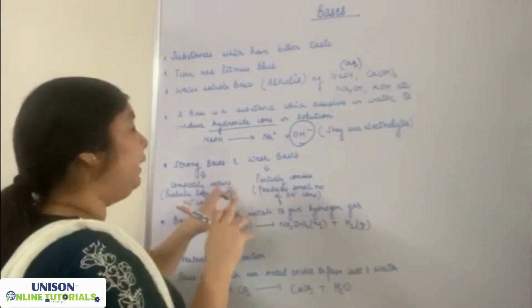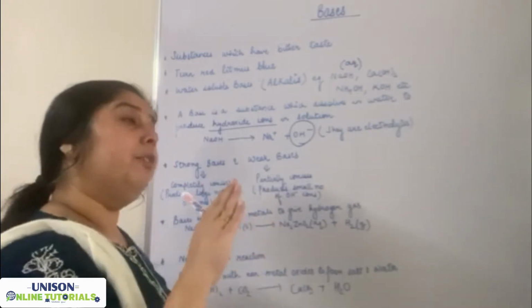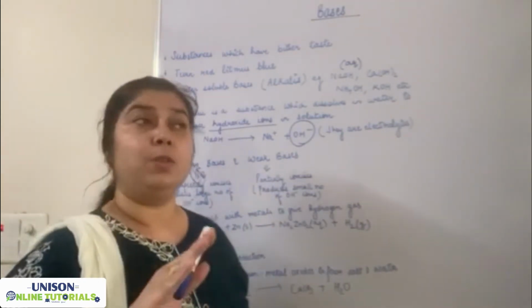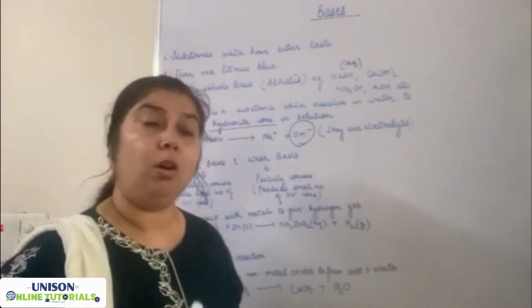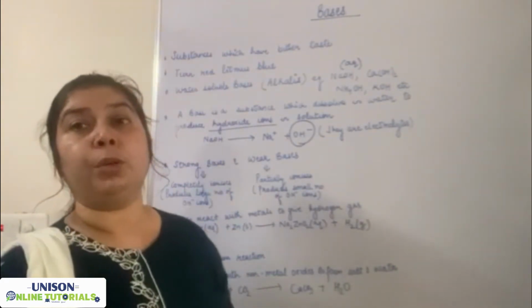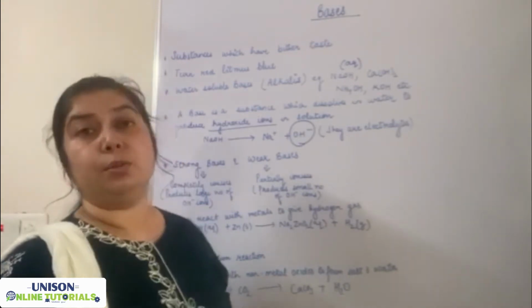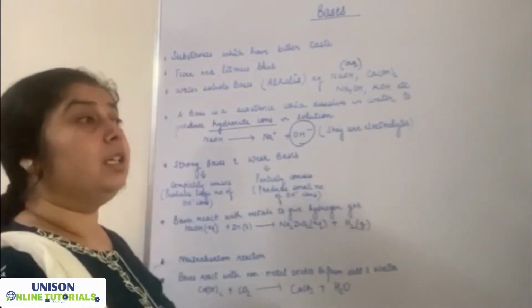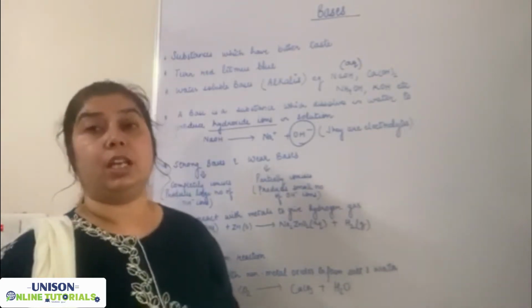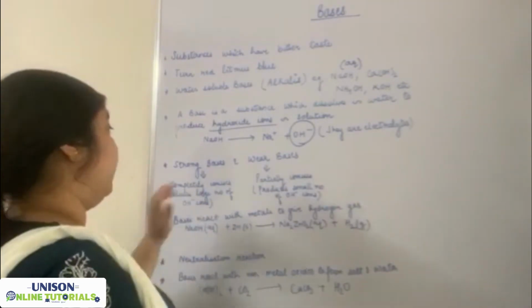Completely ionized means if you are taking 1 mole of sodium hydroxide, the whole 1 mole of sodium hydroxide gets ionized. There is complete ionization, or you can say complete dissociation of the base.